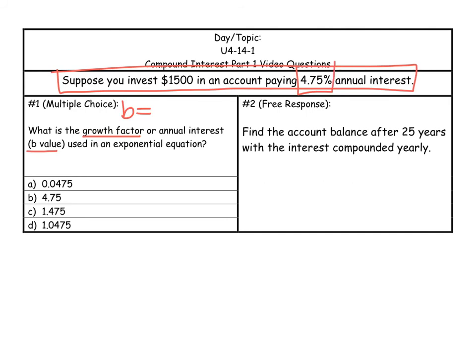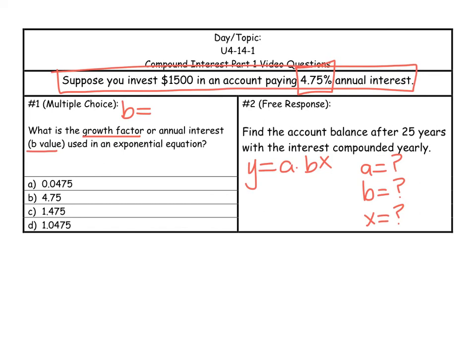It's paying a 4.75% annual interest rate. Question number 2, find the account balance after 25 years with the interest compounded yearly. You need to write your y equals equation, y equals a times b to the x. What is a equal to? What is b equal to? And what is x equal to?